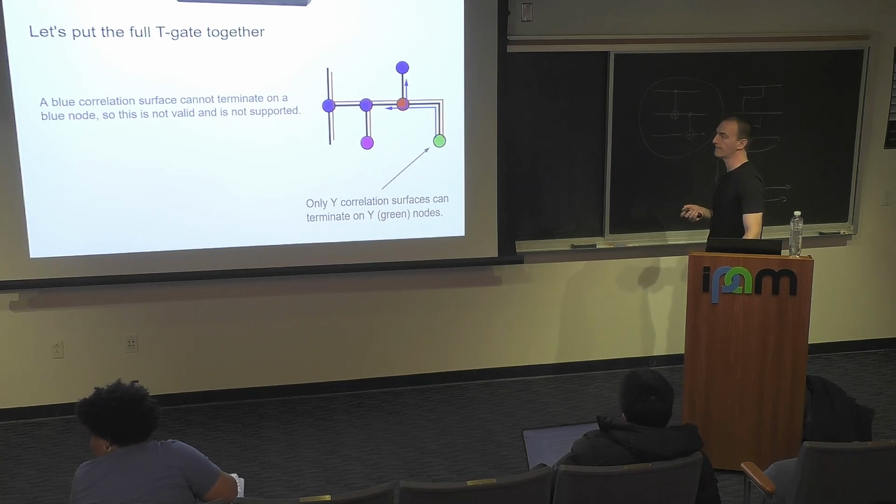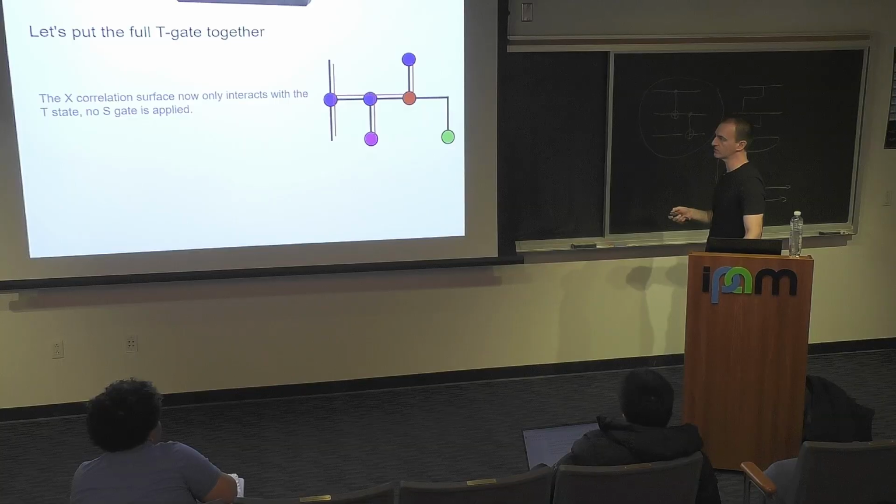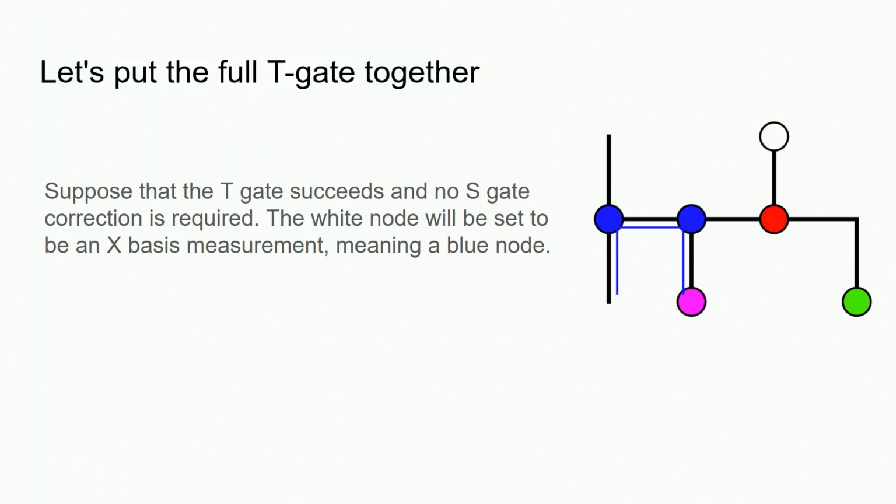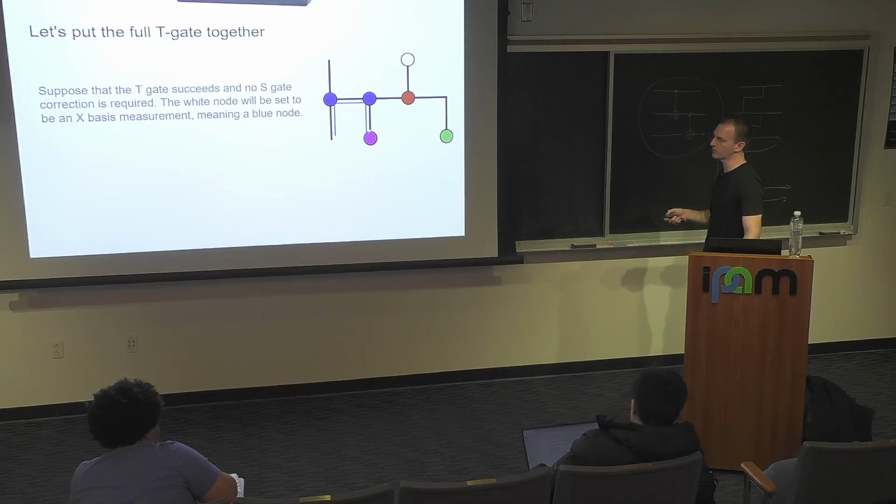Yeah. But fundamentally, when you see this correlation surface, very specifically this correlation surface, the thing that needs to be encoded in tqec is that every part of this correlation surface must be in the past of this node. And that is all. Yeah, that's the only thing that needs to be true.